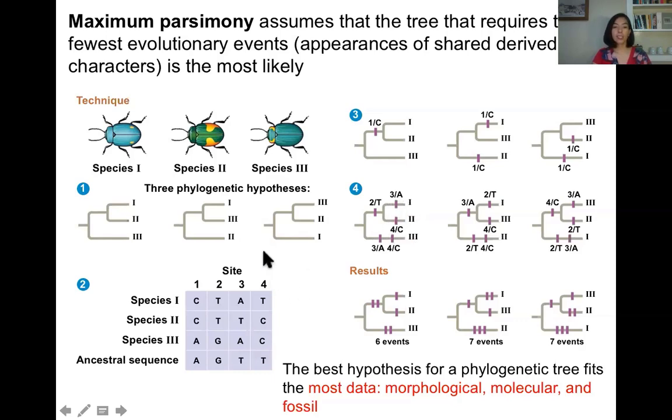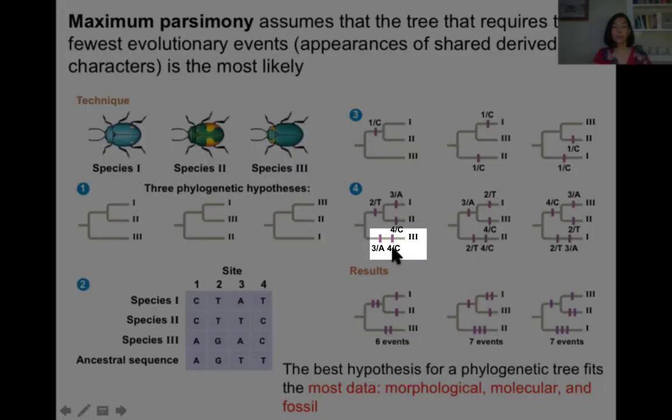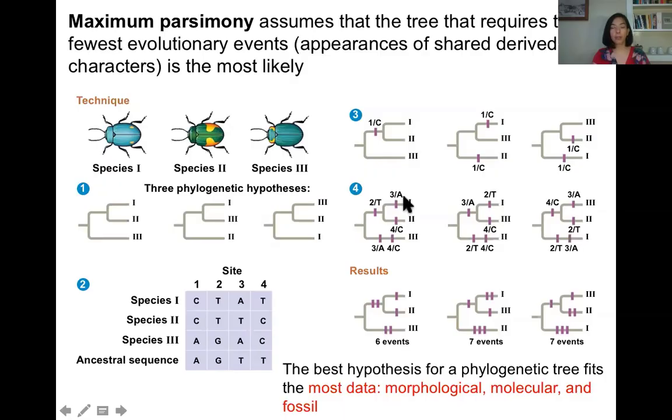Then for site 4, the ancestor has a T. Imagine we have a T in here, but now species 3 and 2 have a C. So we want to mark those substitutions in this lineage and this lineage, but not in 1, because 1 is similar to the ancestral.